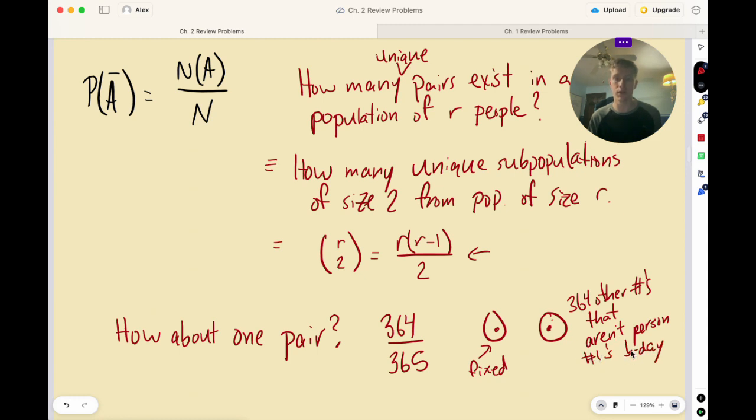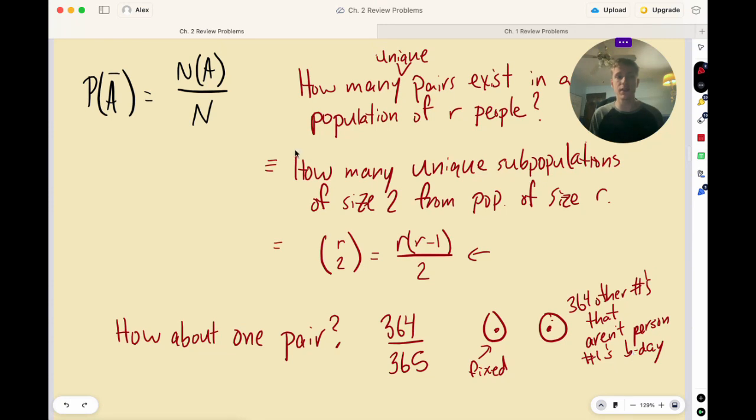Okay? So by that, we have everything that we need. We have the number of unique pairs possible, and for each pair, we have the probability that they don't share a common birthday.